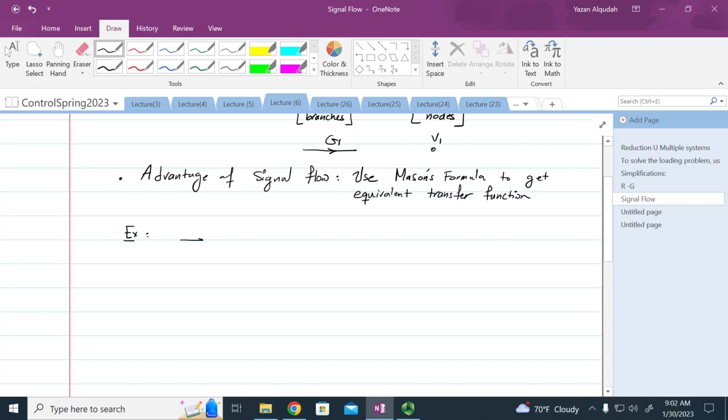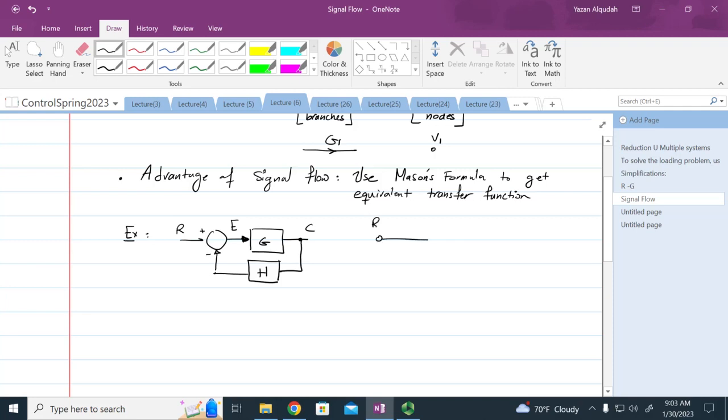So let's look at the feedback form. If I have this feedback form, this is in a block diagram representation. I can represent it with a signal flow as follows.